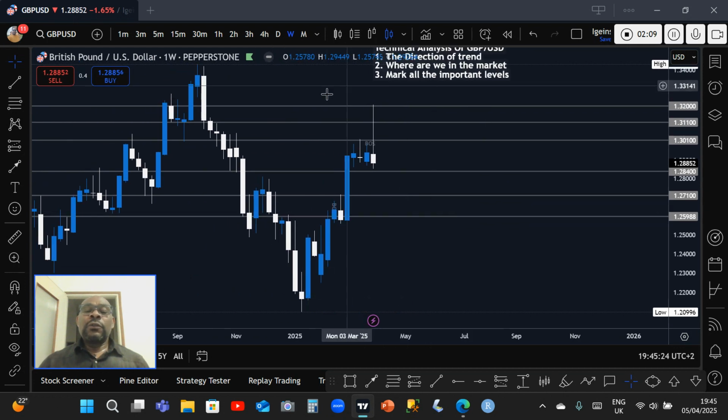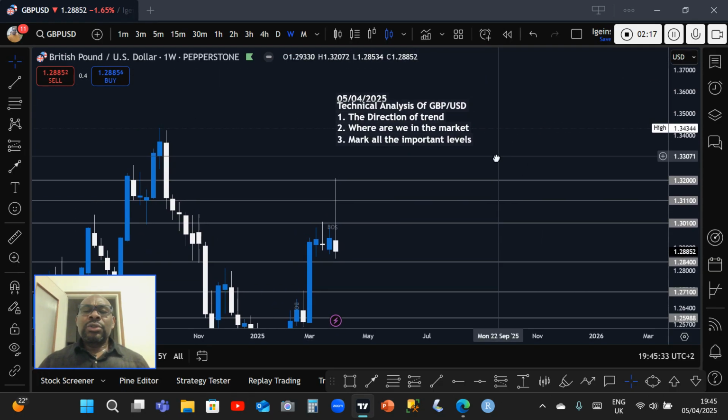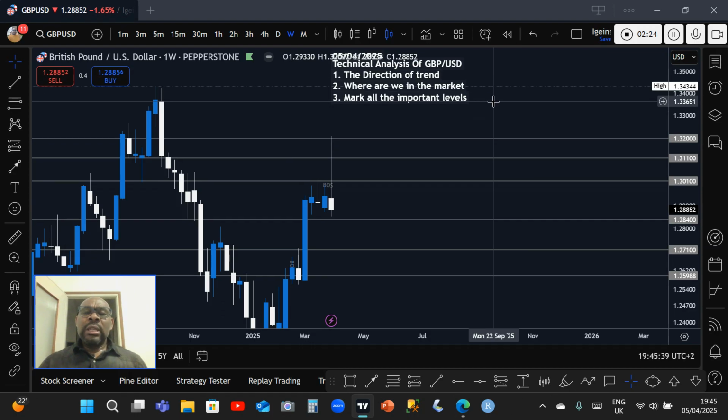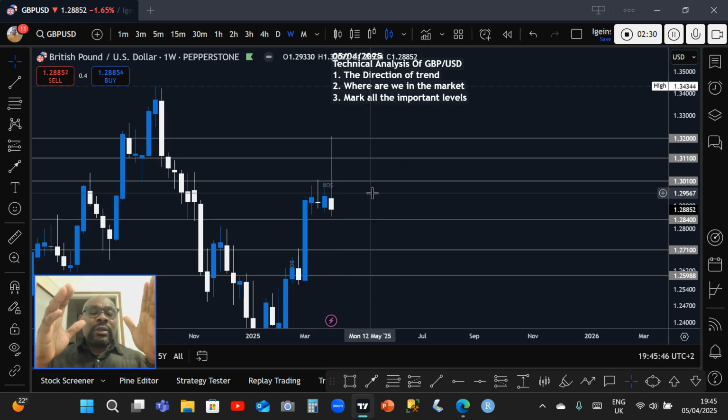So now that we know that we are bullish, we must also know where we are in the market. That is to say, at this point, what is price action doing?